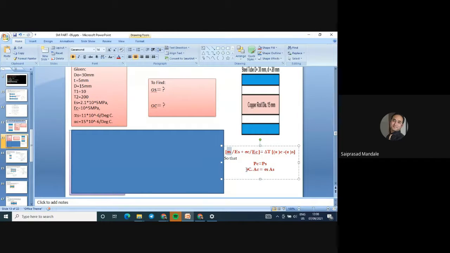Now I have one relationship: PC equals PS, the force acting on the copper equals the force acting on the steel.